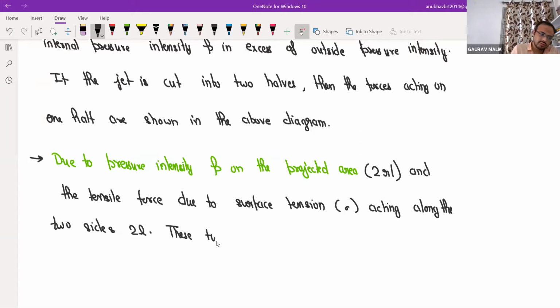Again, these two forces will be equal and opposite for equilibrium.